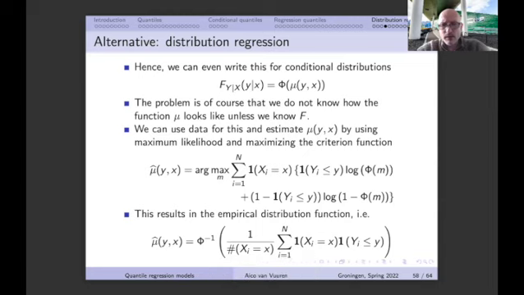So generally speaking, what we can do is simply look at the percentage, in this case only among those observations for which xi is exactly equal to x, for which the dummy variable is equal to 1, and then evaluate that in the inverse distribution function, and we get immediately our mu hat for any y that we might be interested in, and of course also any x that we may be interested in.